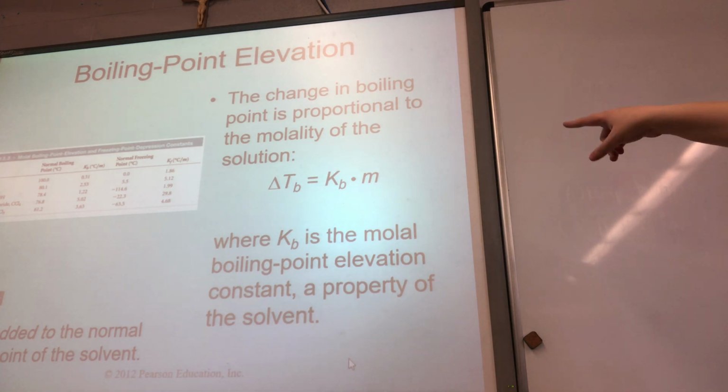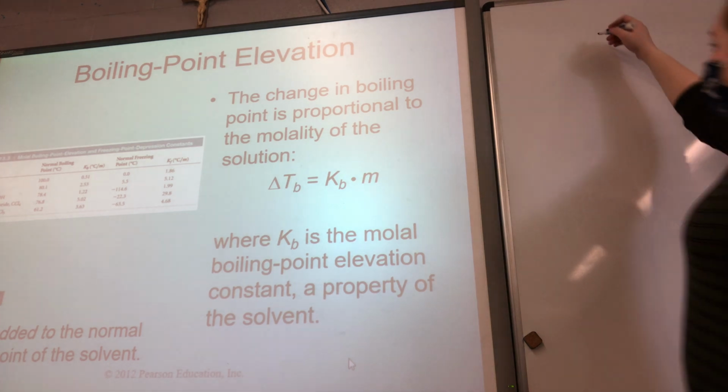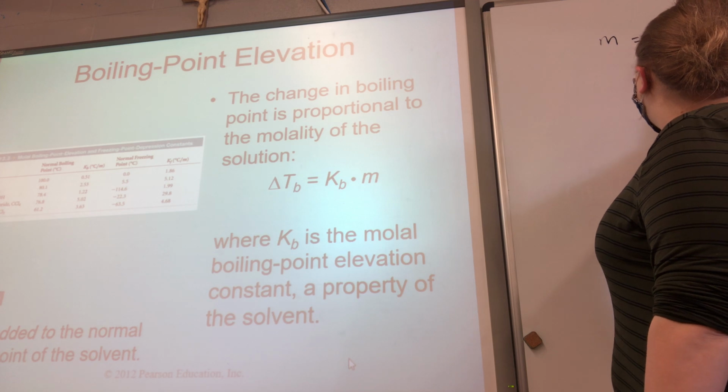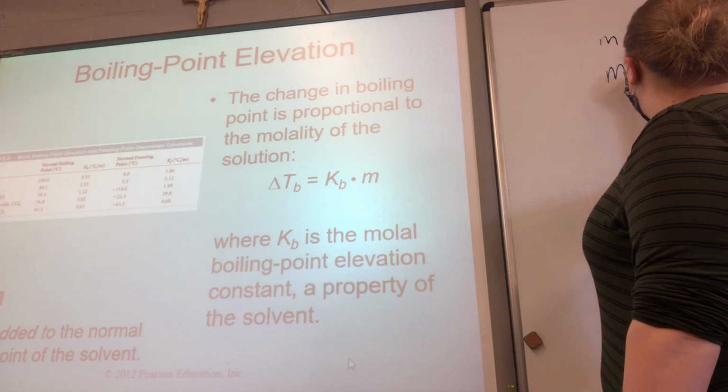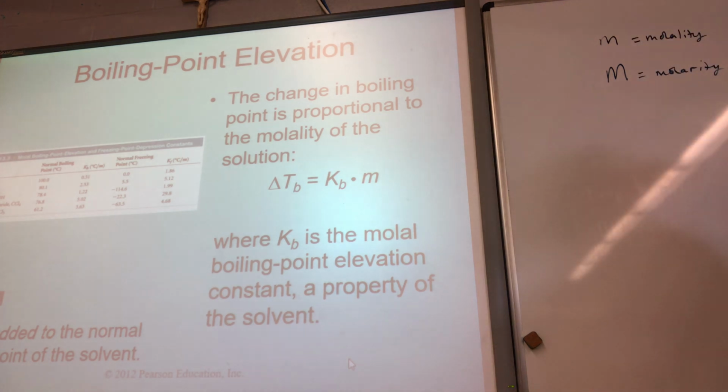The lowercase m is molality. The uppercase M is molarity. I'm sure that totally clears it up. Capital M's versus lowercase m's. The lowercase m, when you see it typed, is also usually italicized.